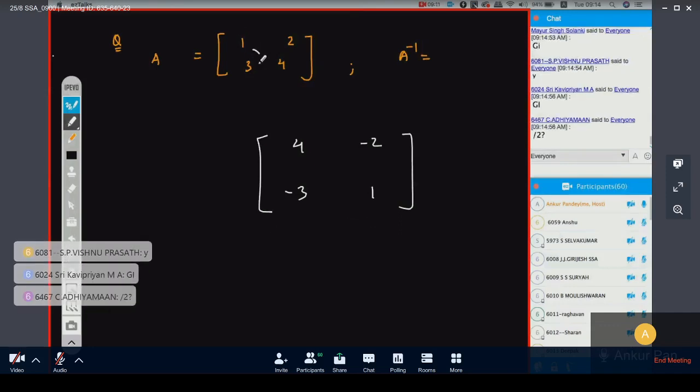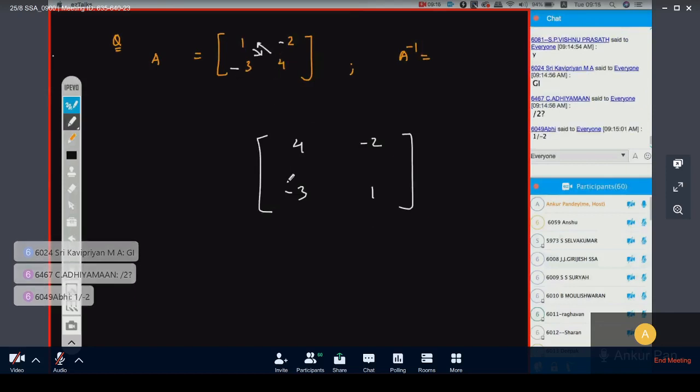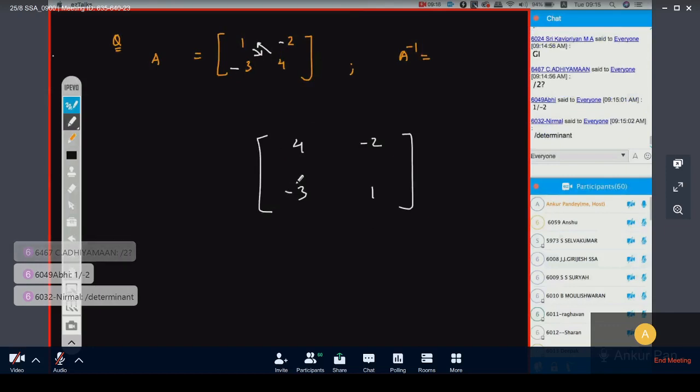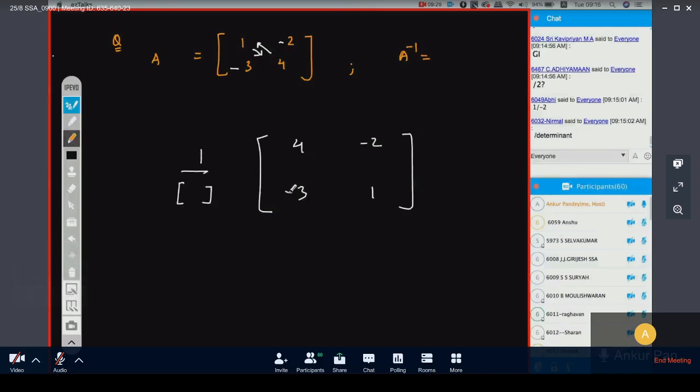So rearrange them and change the sign. Clear? What you guys are forgetting is 1 by determinant value. 4 minus 6. Clear? Got it.